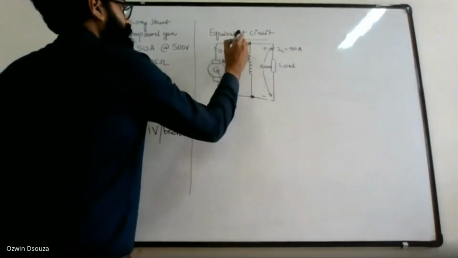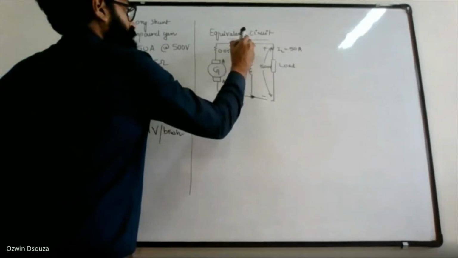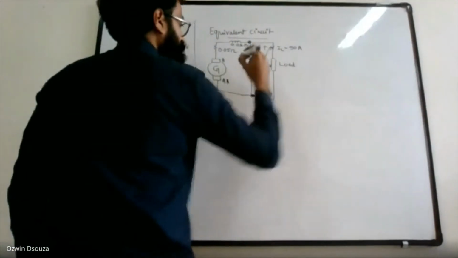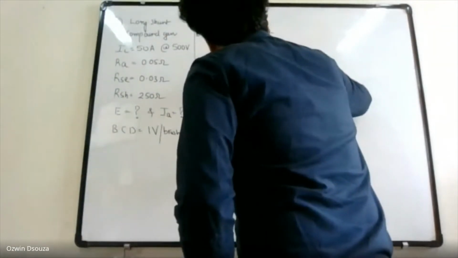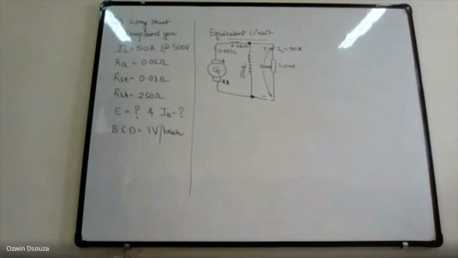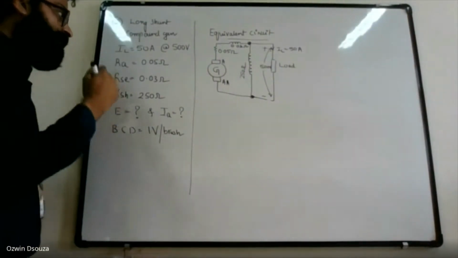Series field resistance is 0.03 ohm. And shunt field resistance is 250 ohm. And you need to determine EG, right?